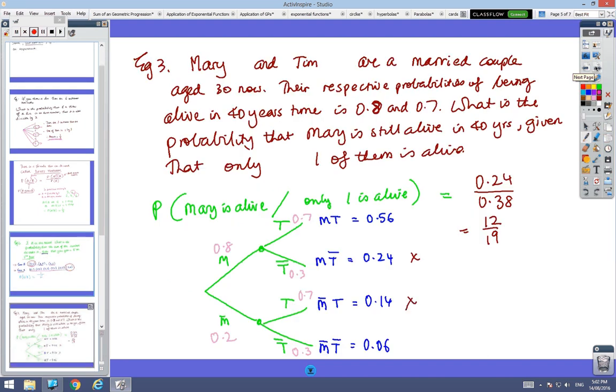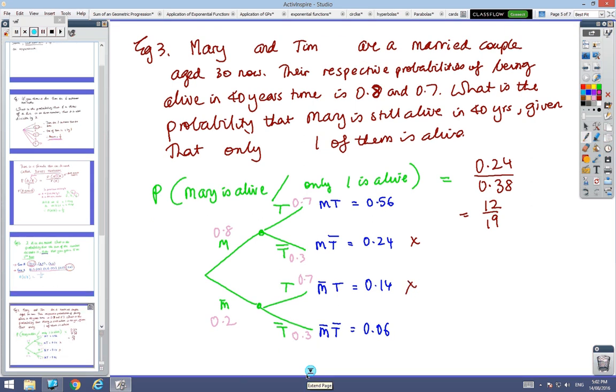Mary and Tim are a married couple, aged 30 now. Their respective probabilities of being alive in 40 years' time are 0.8 and 0.7. What is the probability that Mary is still alive in 40 years, given that only one of them is still alive? I'm showing you in a tree diagram what's happening, and then we'll try to do it with the formula as well. Here's Mary alive, and here's Mary dead. Tim alive, Tim dead, Tim alive, Tim dead.